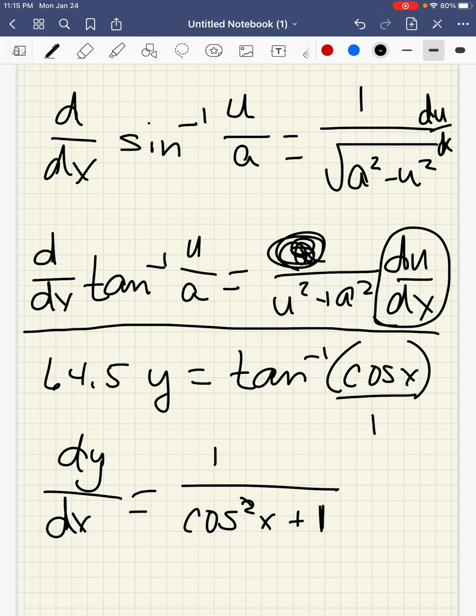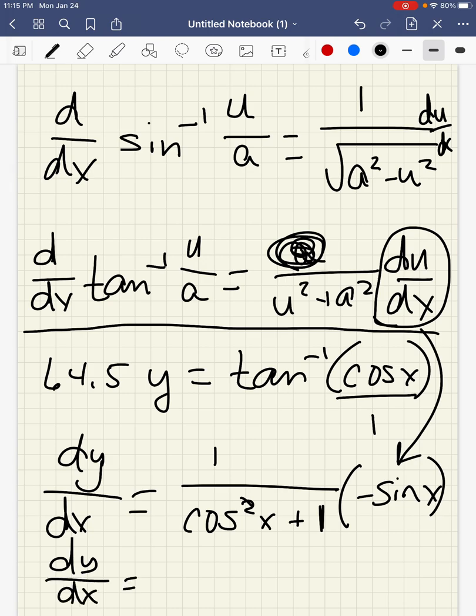If you want to think of this as the chain rule, because this isn't just a u, it's cosine of x. So what is the derivative of cosine of x? It's negative sine x. So that has to be multiplied here. That's the du dx right here. So then that will simplify to minus sine of x over cosine squared of x plus 1.